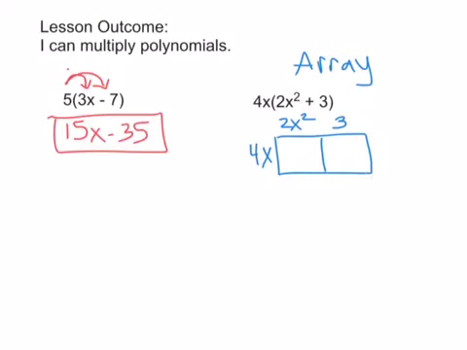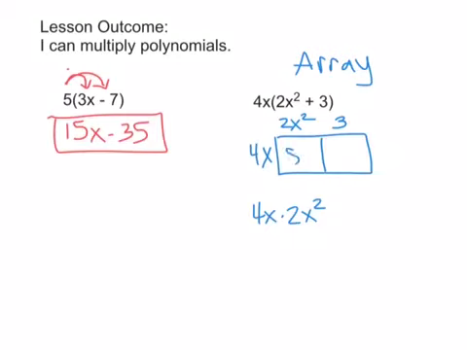Now when you're doing this multiplication, you need to think about the power rules that we learned in a previous unit. So when we multiply 4x times 2x squared, you don't have to write it out every time, but I'm going to show you that it looks like this: 4x times 2x squared. What you need to remember is that we can multiply these factors in any order we want. So we can multiply the 4 times the 2, which is 8.